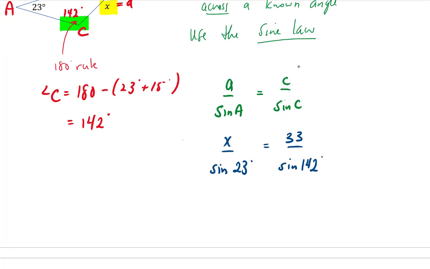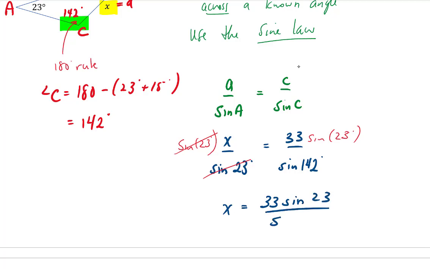Next part is to multiply both sides by the sine of 23 degrees. Because we have x divided by sine 23, we multiply by sine 23 to cancel the sine 23 from the left side. And we have that x is equal to 33 sine of 23 over the sine of 142.